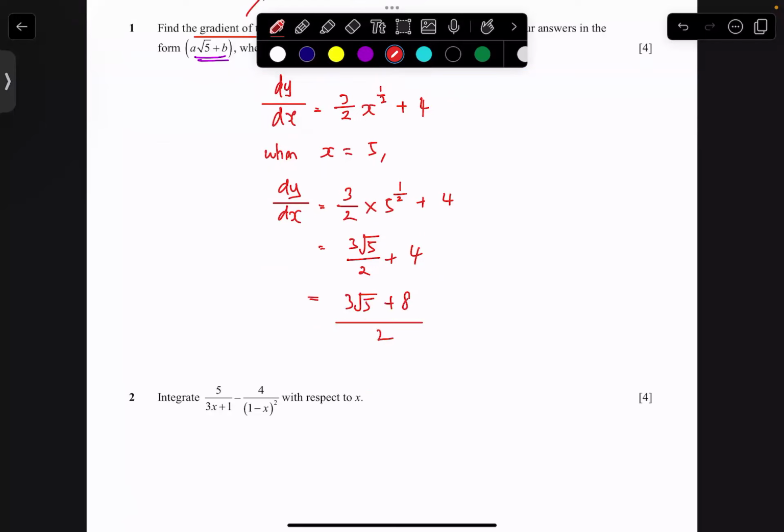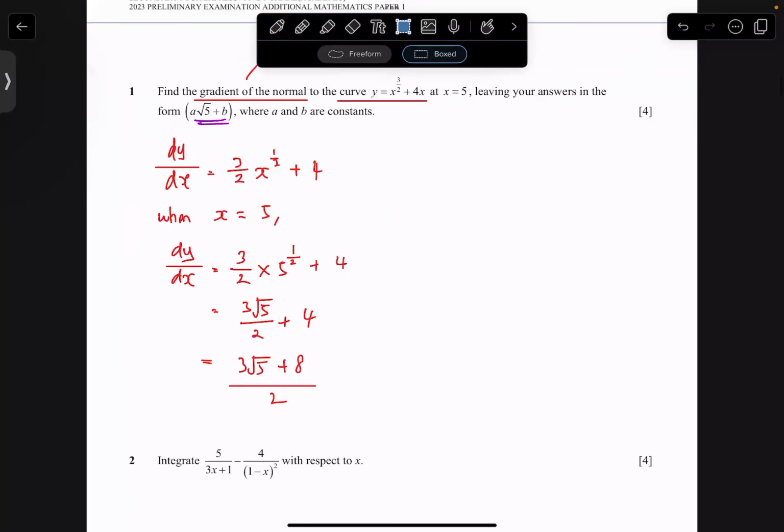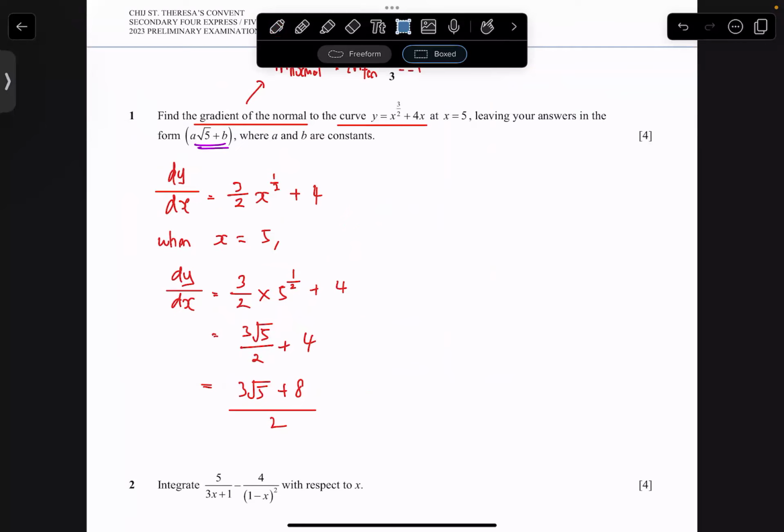The reason for this will come in the next part, when I want to find the gradient of the normal. The dy/dx is my tangent. Tangent times normal equals -1.